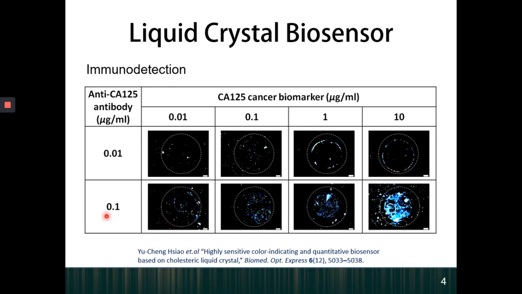As you see, if you use 0.1 anti-CA125 and interact with the 10 microgram per milliliter CA125 cancer biomarker, it will give the brightness. So if your blood owns 10 micrograms per milliliter of the cancer biomarker, you will get a bright figure in your devices.